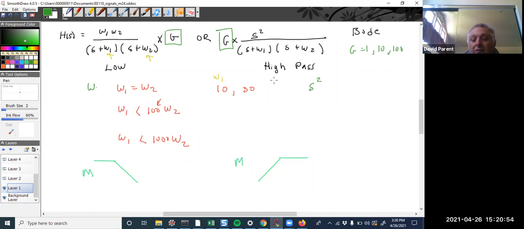So it's second order, so phase is going to change by minus 180 degrees. Now, is it going to start at 0 and go down to minus 180, or is it going to start at 180 and go down to 0? We would have to work that out.